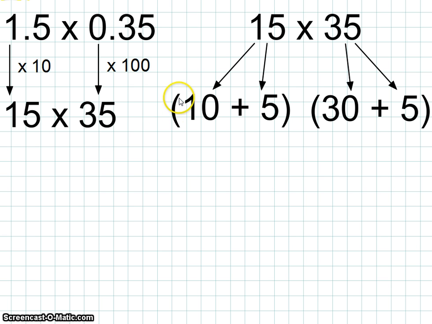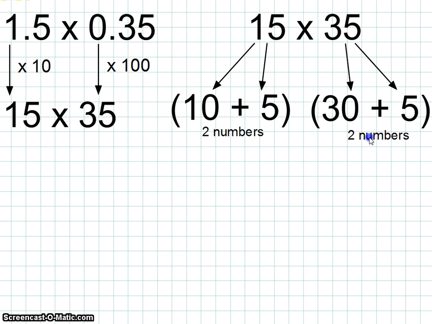I've grouped the addition here, so I've got two groups of additions, which represent 15 and 35. In a way, this number sentence is the same as these two groups being multiplied. The next thing I do is count how many numbers there are in each of the groups. Over here there are two numbers, 10 and 5.